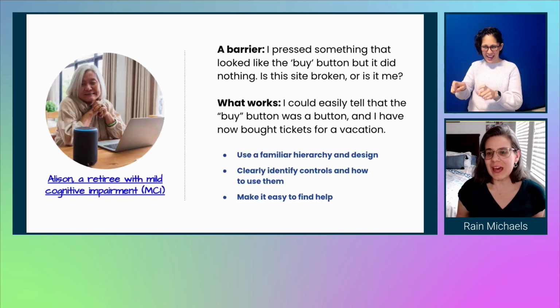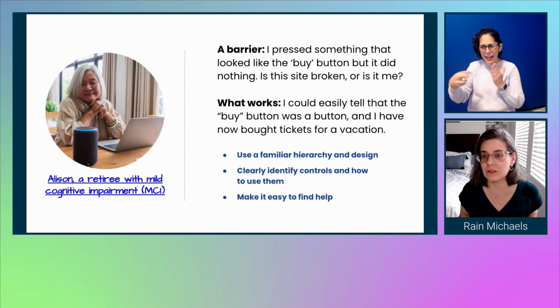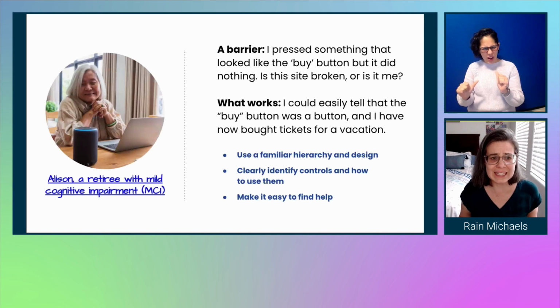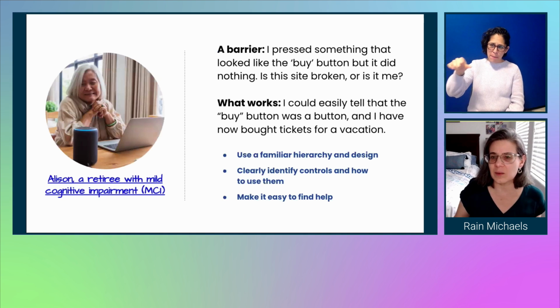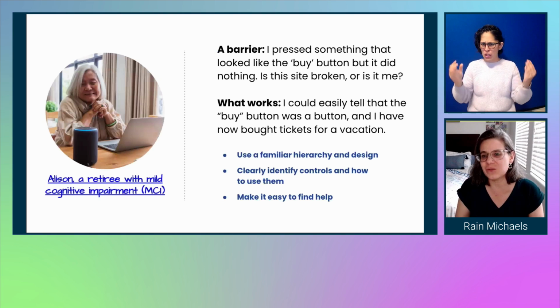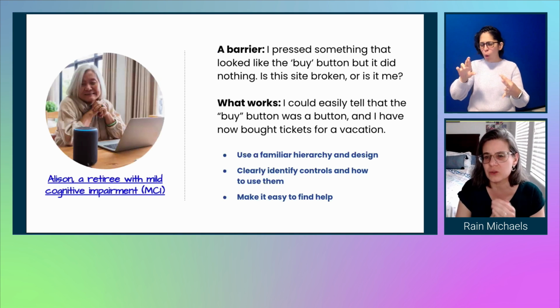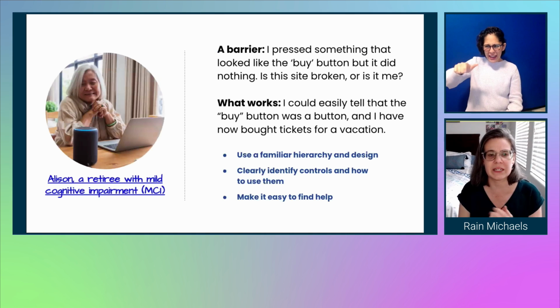So an example of a barrier for Allison, my colleague Lisa, co-facilitator on the task force, likes to use the example of Allison trying to buy a ticket for a cruise. She wants to go on a cruise with her friends and she's trying to buy that ticket. And she presses the button on the screen that looks like buy, affordance. There's no indication, no feedback from her actual action of clicking that button.